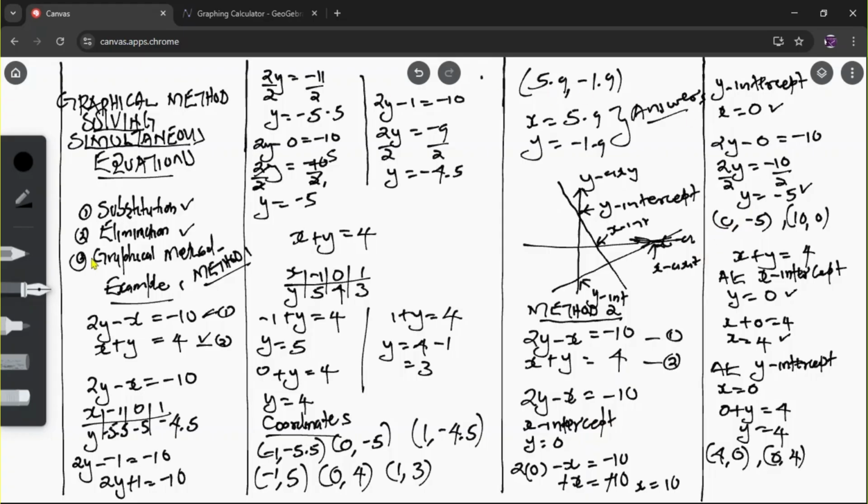So let me interchange this one. This is supposed to be like this. So I'll come and I just want to clear this one. Let me clear that.